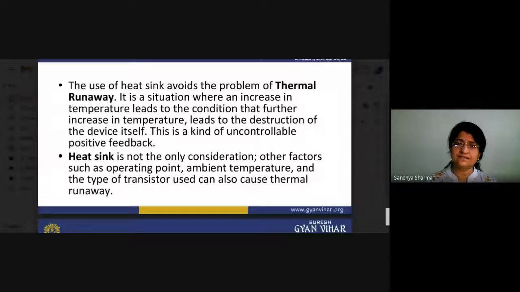Due to the increase in temperature, there is again a large amount of heat dissipation in your device, and your device may be damaged. So these are the conditions we have to remember when working with transistors.